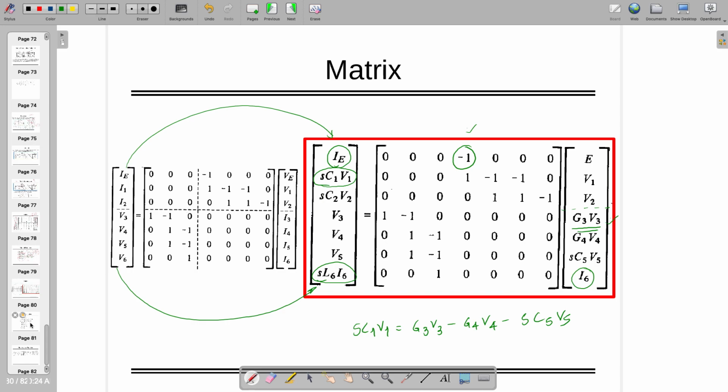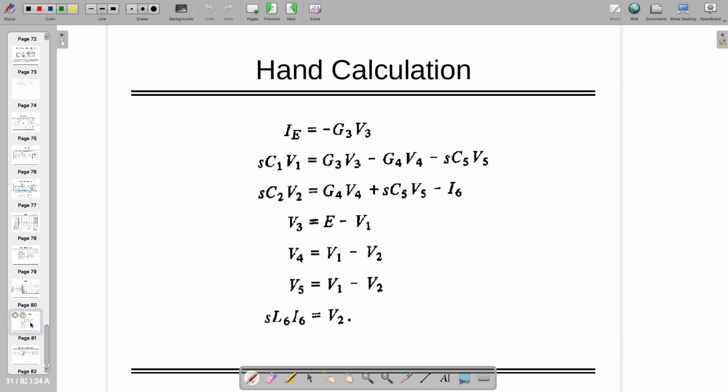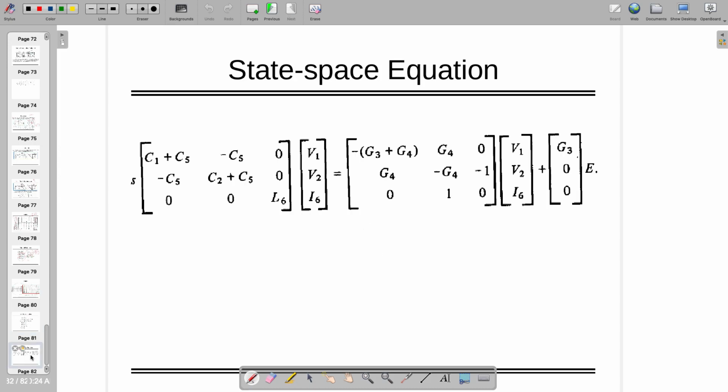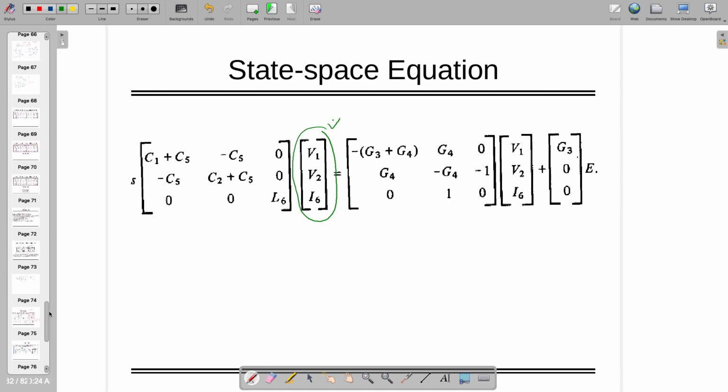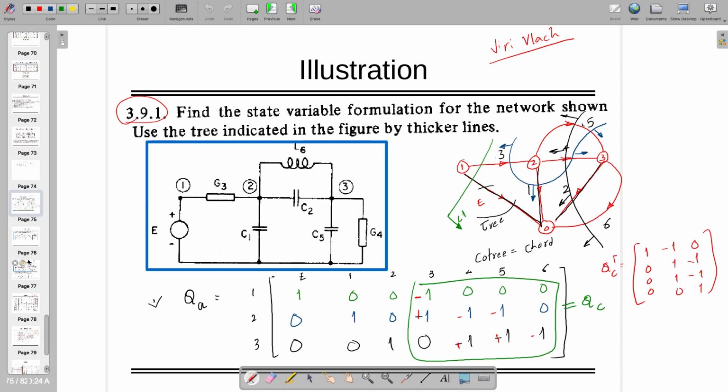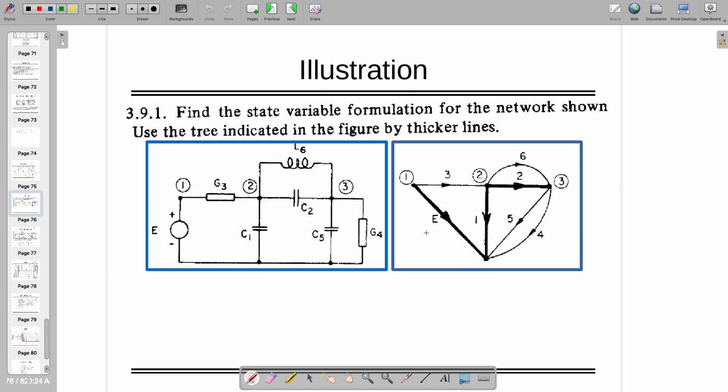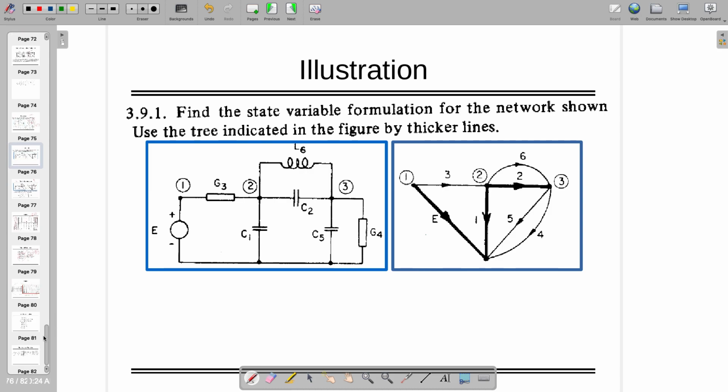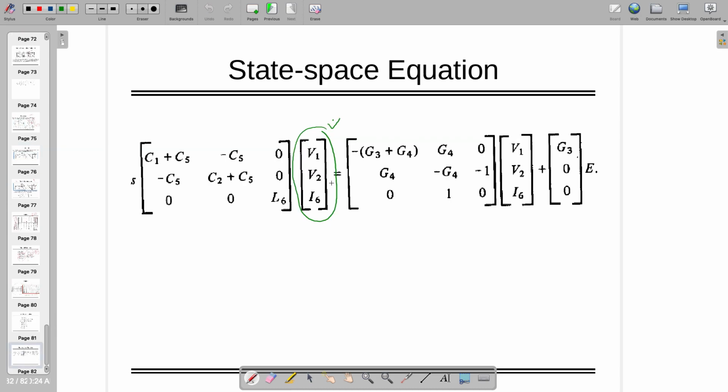So you can write down these equations. If you can write down these equations, we can write down this V1, V2, V6, because these three are the ones which are coming exactly on tree.